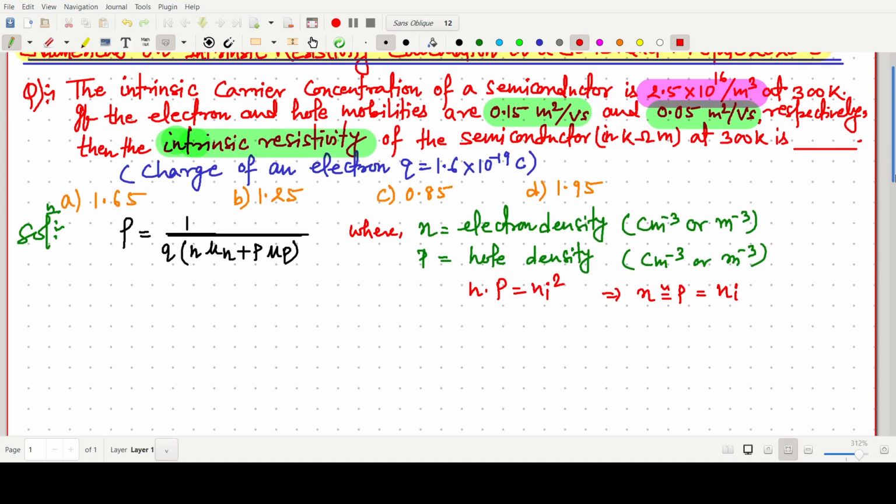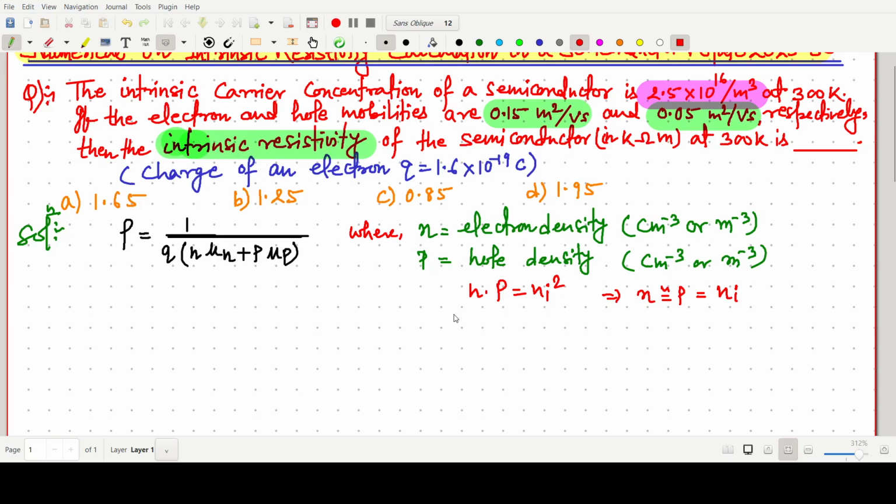So here we assume that the electron density and hole density will be the same as ni, where ni is simply the intrinsic carrier concentration.